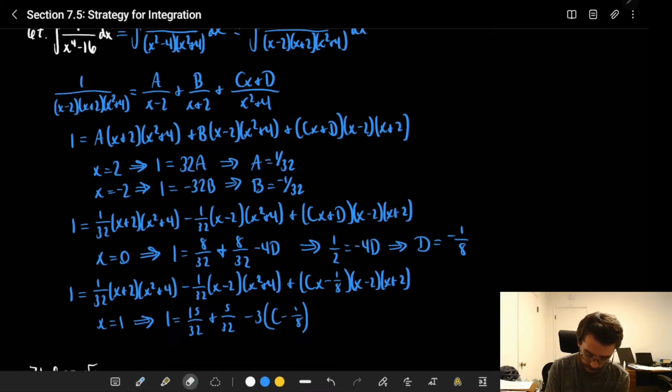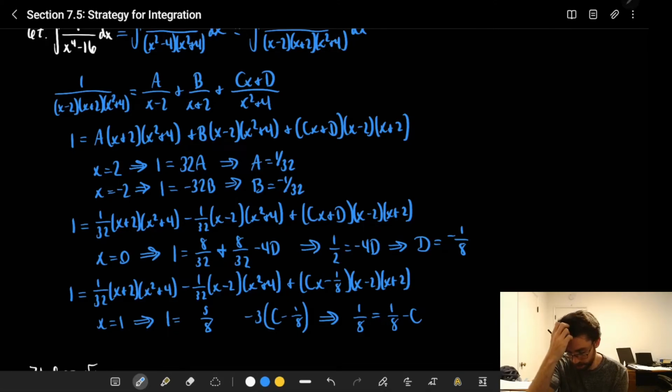Okay. 15 thirty-seconds plus 5 thirty-seconds is 20 thirty-seconds, which I mean is 10 sixteenths, which is 5 eighths. Subtract that over, you get 3 eighths. Divide by negative 3, or divide by 3, you get 1 eighth. You can do the algebra, so I'm sort of jumping around really quickly. Equals 1 eighth minus C.